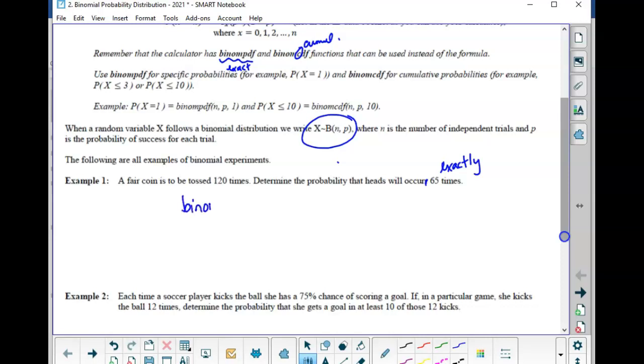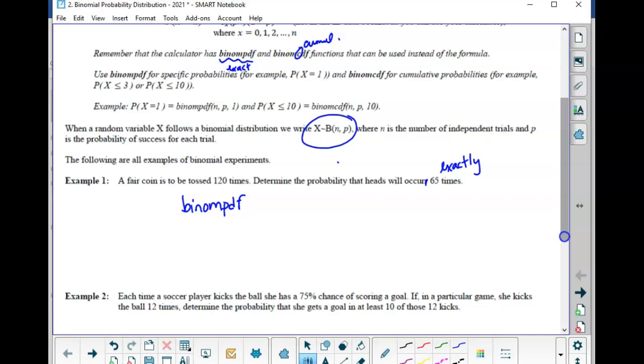Okay, so that's going to be a binom PDF. Even though IB doesn't really like calculator notation very much, certainly on an exploration, they're not giving you the formula. They're going to say calculate to a certain decimal, well, actually, it could be 3 significant digits. It's not going to be worth a huge number of marks, but you need to put down what you're entering in your calculator, or write it out.